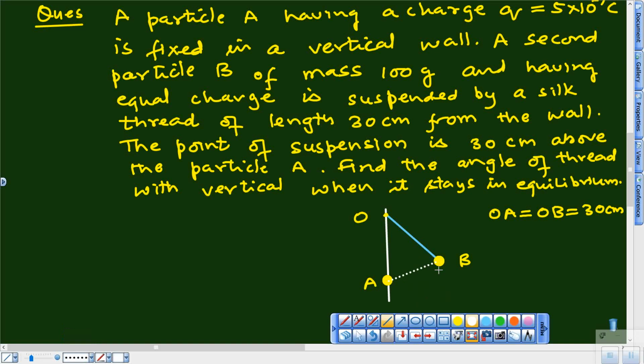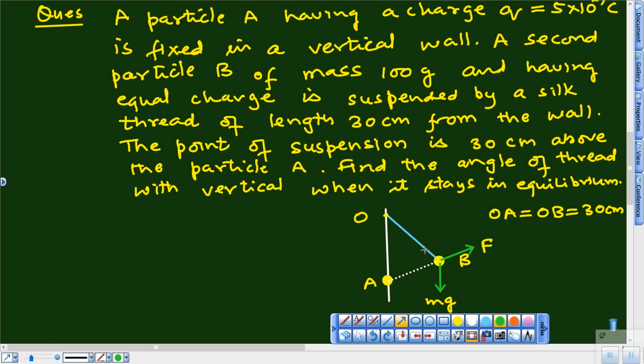If I draw the free body diagram of this particle B, particle A anyway is fixed on the wall. The free body diagram looks like this: interaction with the earth, mg, Coulombic repulsion, F. So let me write the name of the forces, mg, F, and of course the third force is tension in the string.